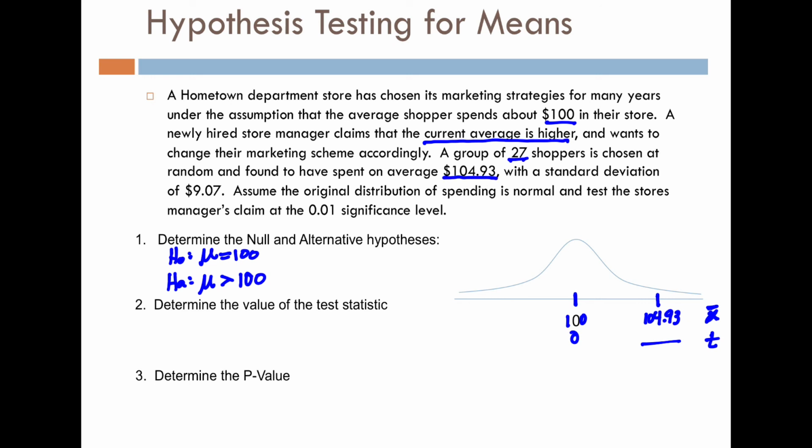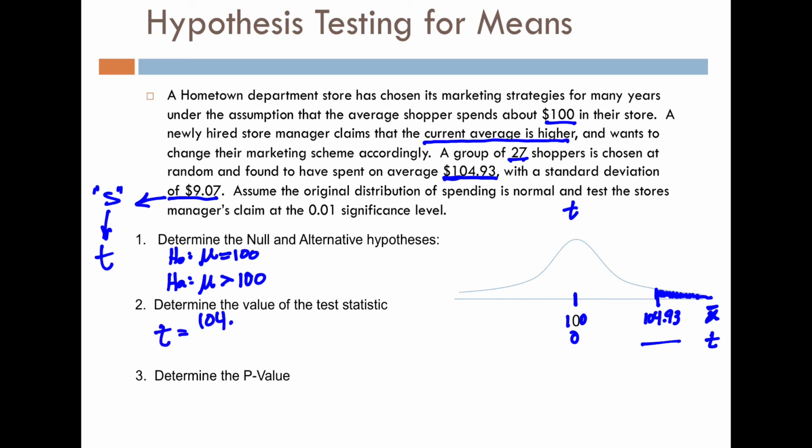This is the X bar, the average that they spent, with a standard deviation of 9.07. So this is an S because it came from that sample of 27. Hence, why I'm using t. So this represents a t distribution. It's a right-tailed test, and so this is what I need to find. Let's determine the test statistic first.